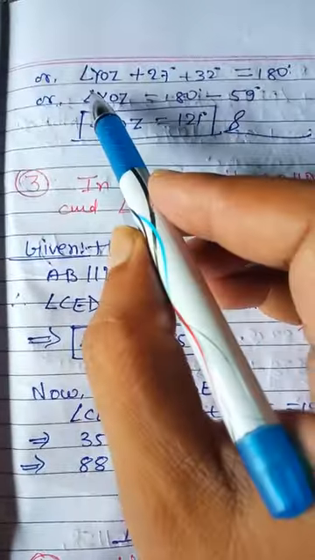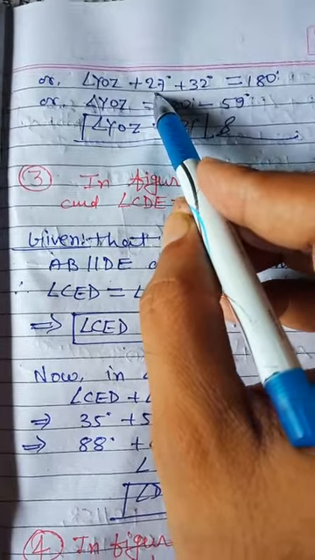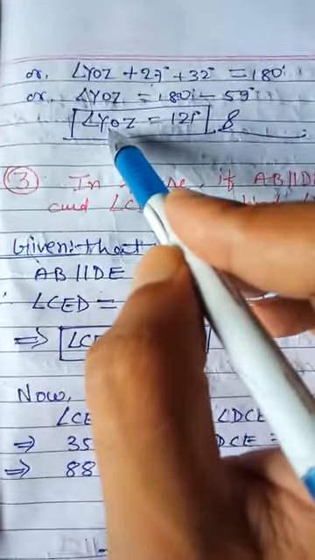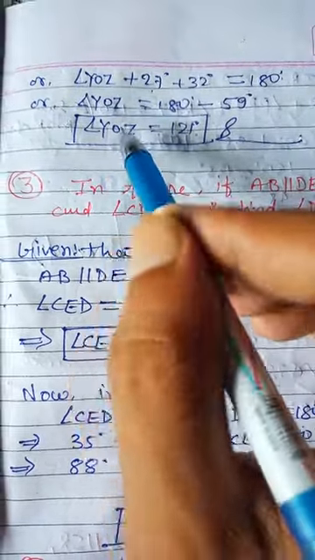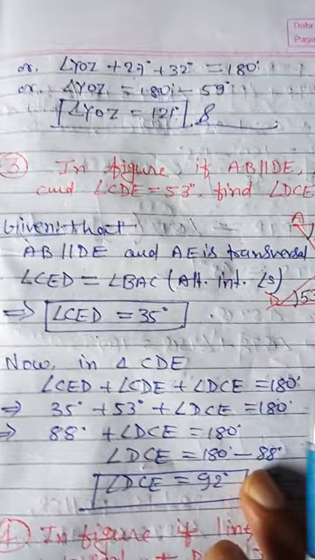So put in the values of the given angles and find the value of angle YOZ. So the required value of angle YOZ is equal to 121 degrees.